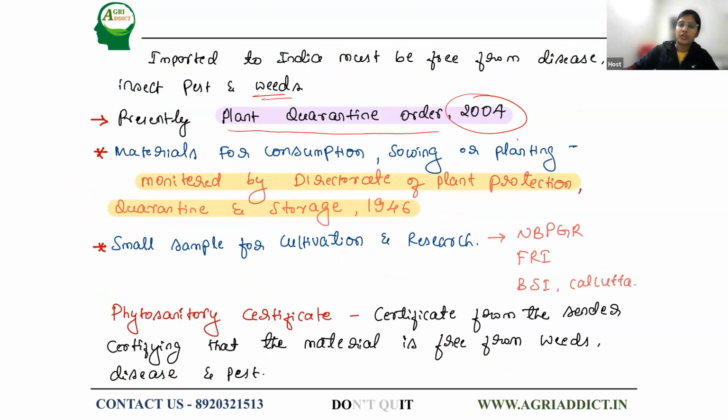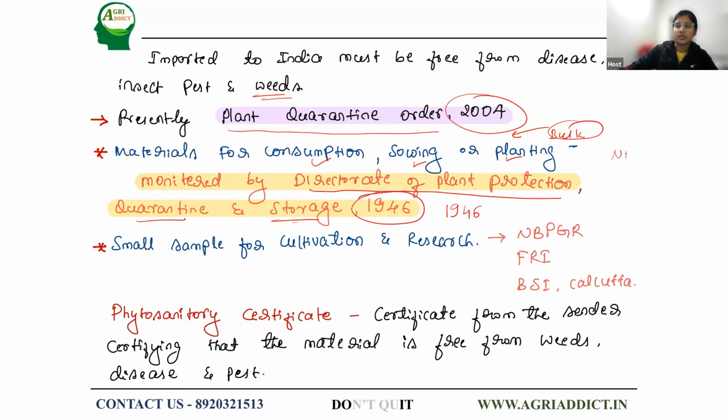For bulk introduction of material, whether for consumption, sowing or planting purposes, it will be handled by the Directorate of Plant Protection, Quarantine and Storage. It came in 1946.